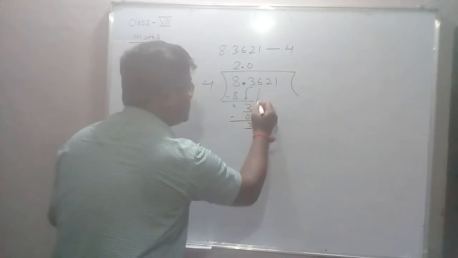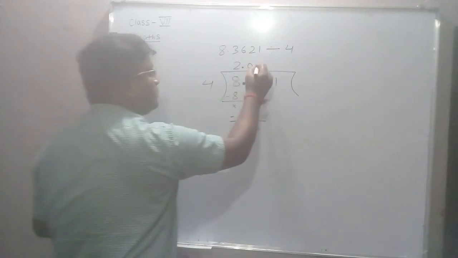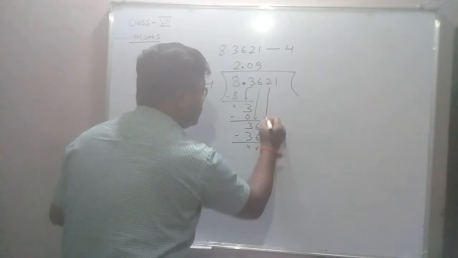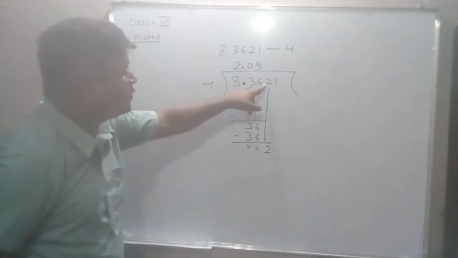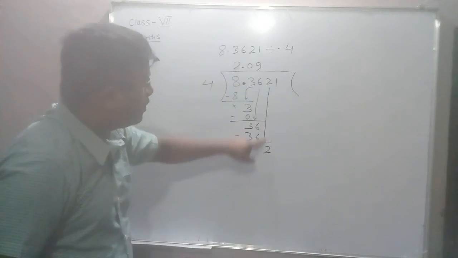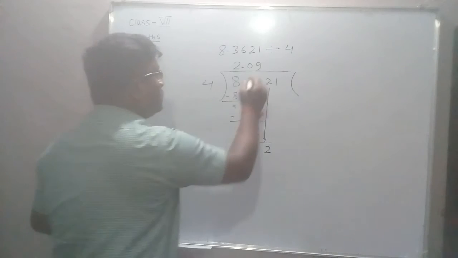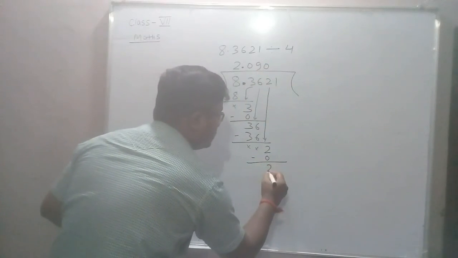Now this 6 will come down, it will be 36. So 4 9s are 36. It is cancelled. Now this 2 will come down. If 2 comes down from above, we must divide it. So 4 zeros are 0. We get here 2.